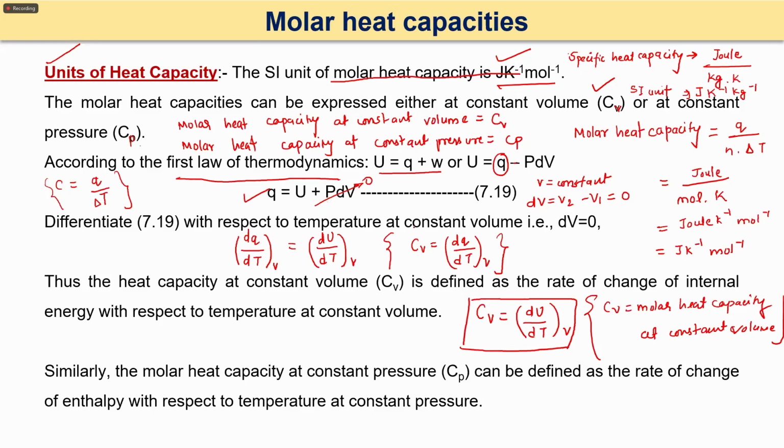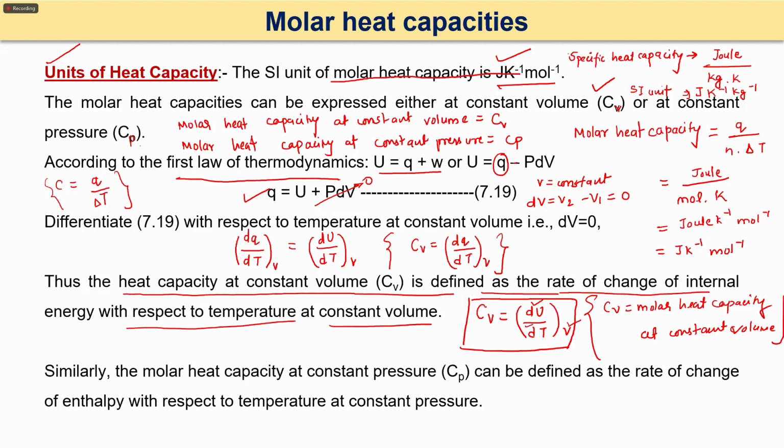This equation will signify something. So what does it signify? It signifies that the heat capacity at constant volume is defined as the rate of change of internal energy with respect to temperature at constant volume. This is nothing but the heat capacity at a constant volume.